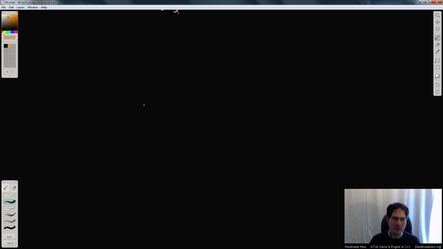So let's pretend we have a shape that looks kind of like this. Maybe it's the edge of a gem or something like that, right? And so the normal is pointing, let's say, at a 45-degree angle here, like that, okay?